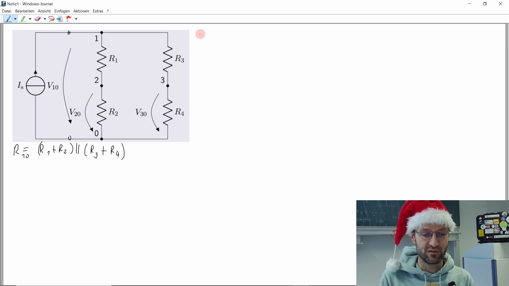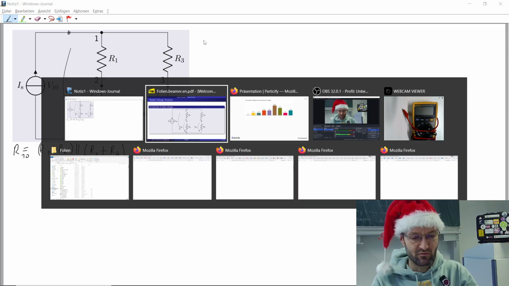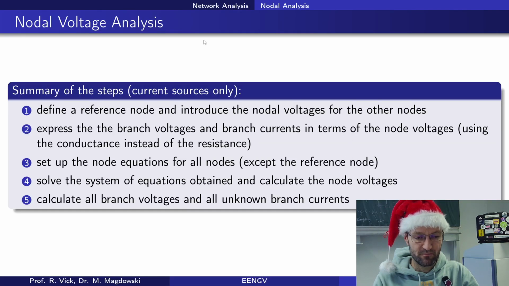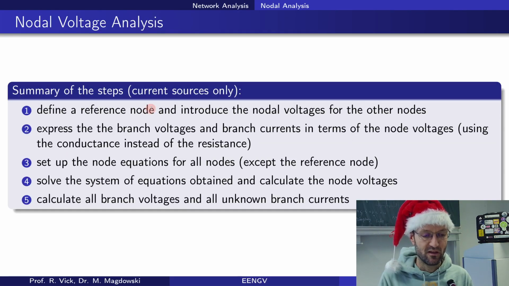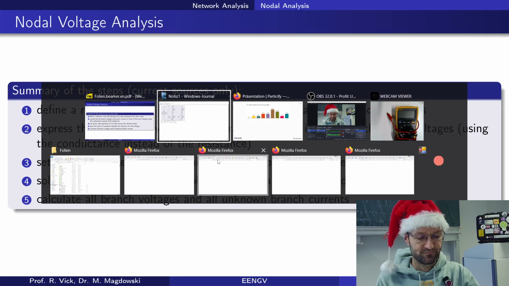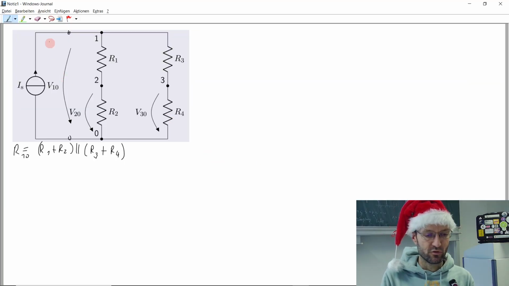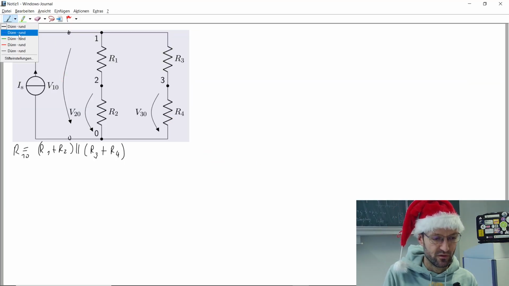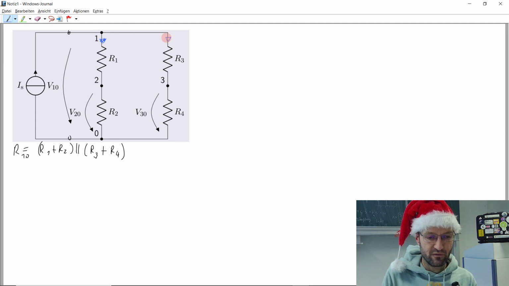If we go back to our recipe, we have defined the reference node, and now we need to set up node equations for all nodes. To do this, it is a good idea to first define the direction of currents. I define all the currents going downwards.